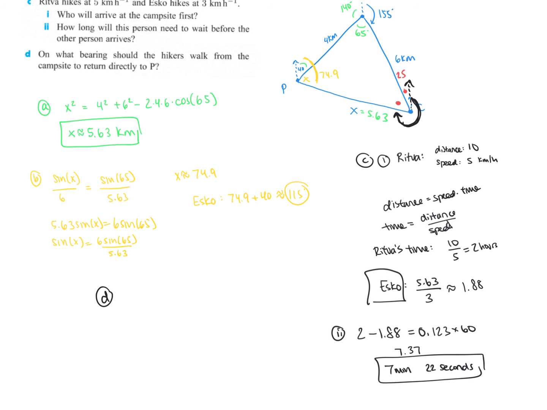So 180 minus 65 minus 74.9, that's going to be 40.1. So to find the bearing, I'm going to do 360 minus 25 minus 40.1. And I will get 294.9 degrees, which is 295 degrees.